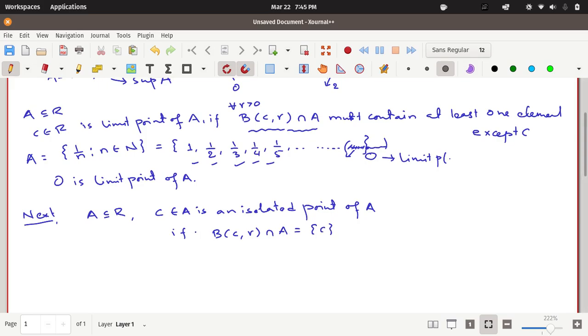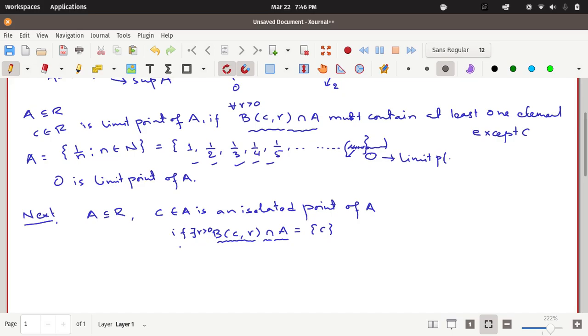And this should not be true for all open balls, but we can write here: there exists R greater than 0. So we have to find one open ball so that its intersection with the set A is nothing but the point itself, that is C in our case.